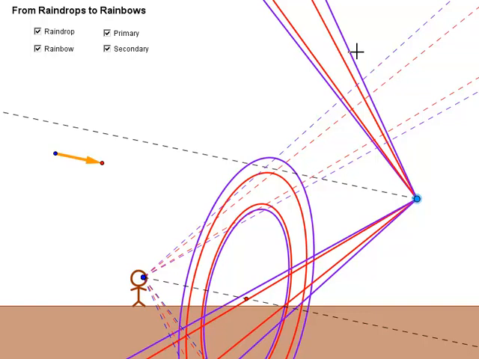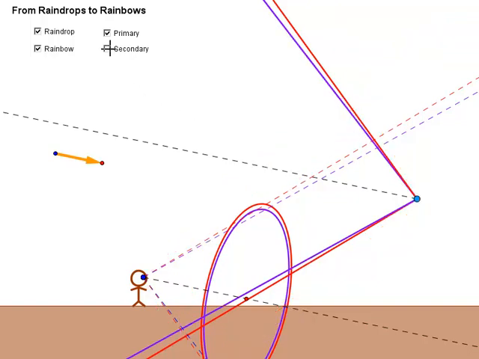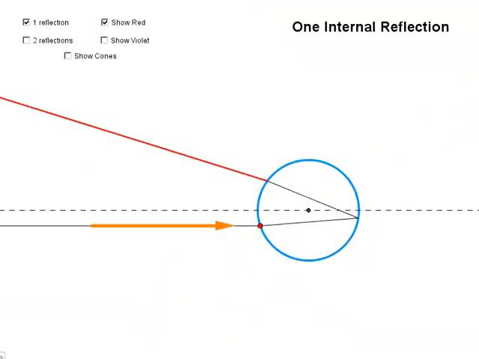So I'm not really going to go into the derivation of the secondary bow at the moment, but it could be understood in very much the same way as our analysis of the primary bow. Okay, so let's just worry about the primary bow for now.